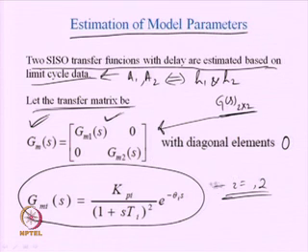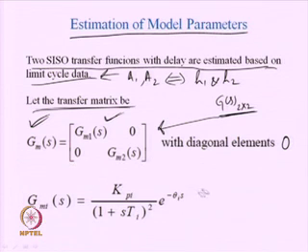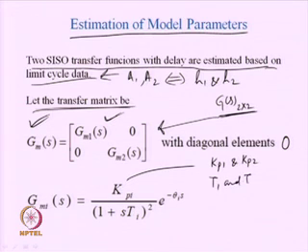Now, the transfer functions have got the parameters steady state gains given by Kp1 and Kp2 for the two loops and the time constants given by T1 and T2 for the two loops and the delays given by theta 1 and theta 2 for the two loops.